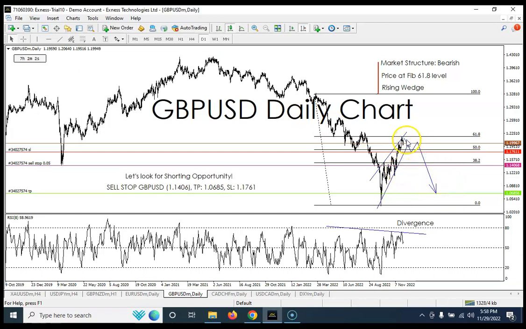We expect price to break through this wedge, come back to retest the midpoint of the 61.8 and 50 Fibonacci levels, and then dip. So we decided to put a pending sell stop order here, so that should this happen while we are not on our computer, this market should trigger a sell and we follow the market down.